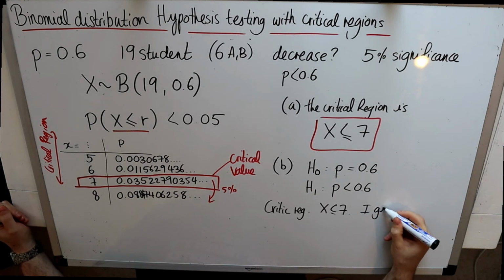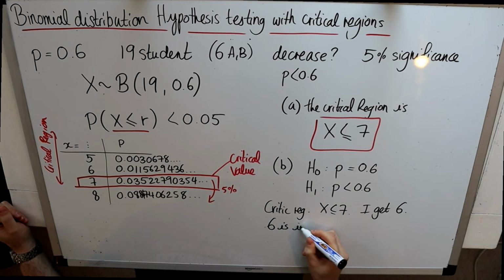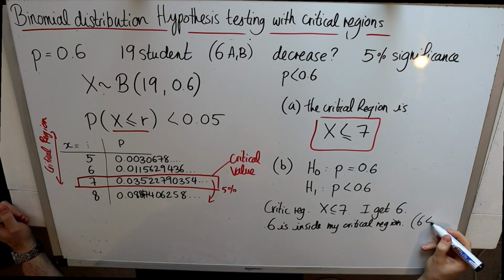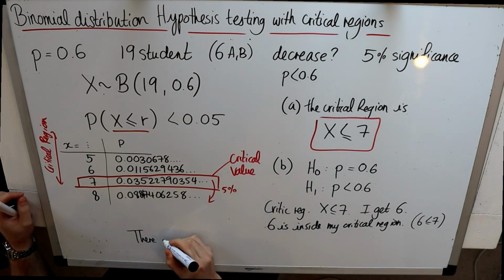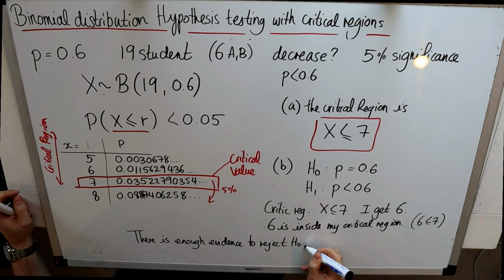If I get 6, then 6 is inside my critical region, because 6 is indeed less than or equal to 7. So what we are going to say is there is enough evidence to reject H0.